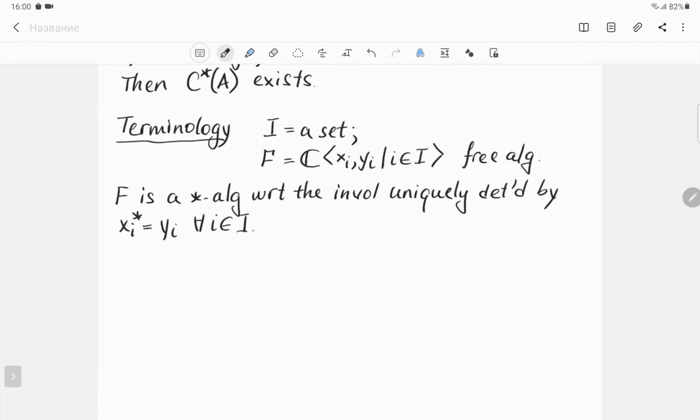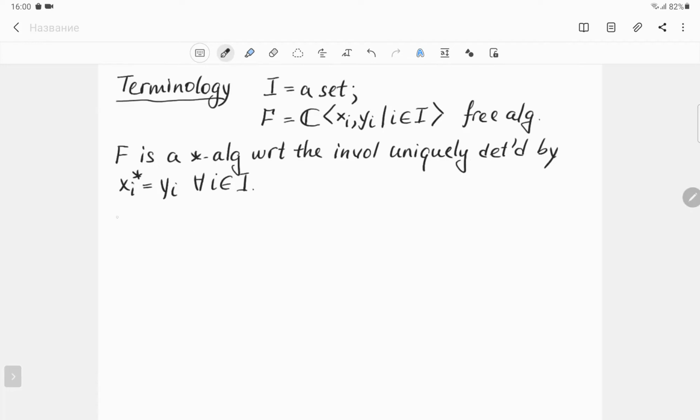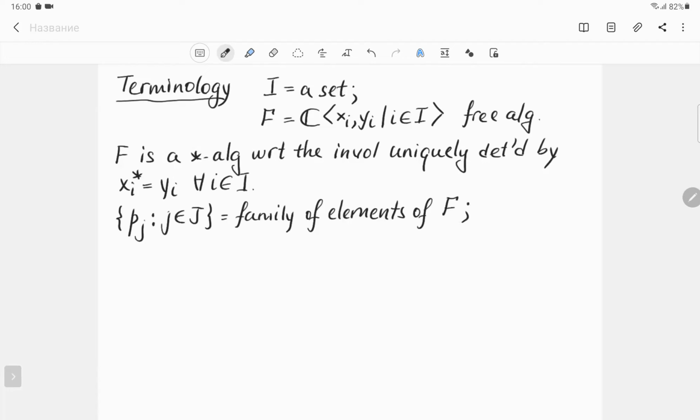Suppose now that we have some family of elements Pj of F. And let K denote the two-sided star ideal of F generated by this family.